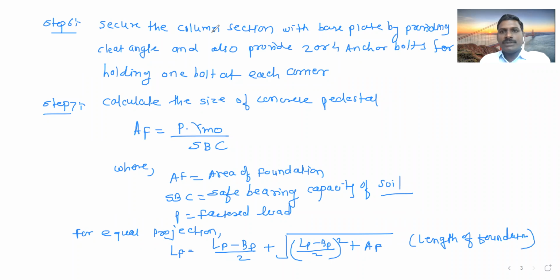Write down this. And similarly we can calculate the width of foundation. Width of foundation is equal to area of foundation divided by length of foundation. So area is known, length is known, then we can calculate the width of foundation. Got it?